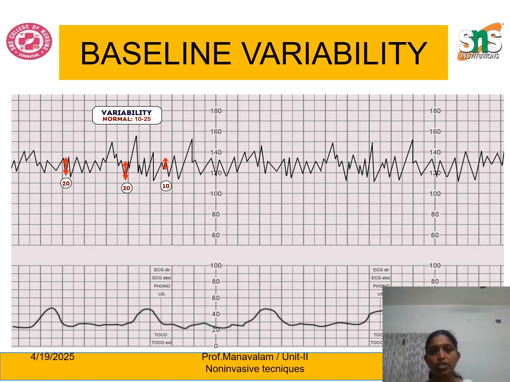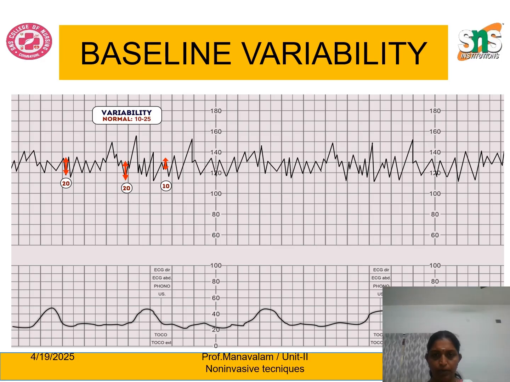Next we move on to the second parameter, that is baseline variability. Baseline variability is also measured in a 10 minute window period. Actually the heart rate does not stay at the same level. There may be changes between beats, a variation from beat to beat in the heart rate, like in a normal adult.